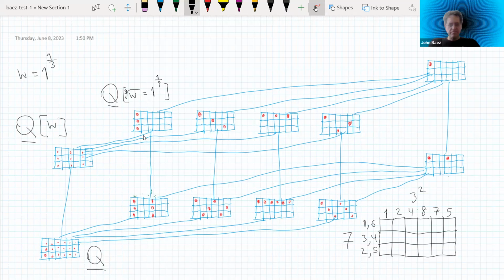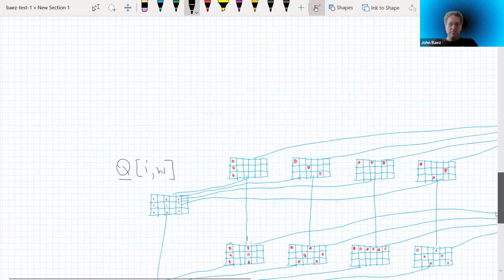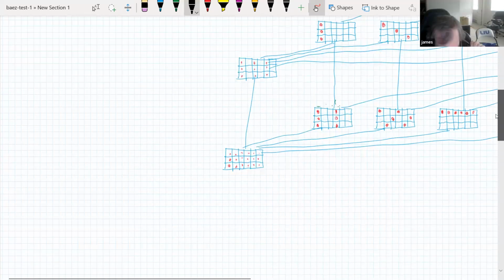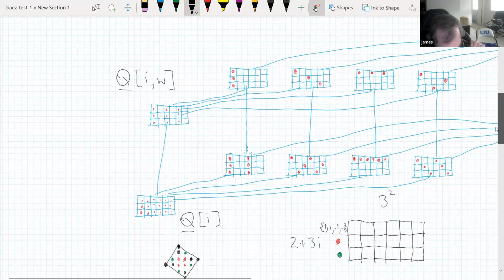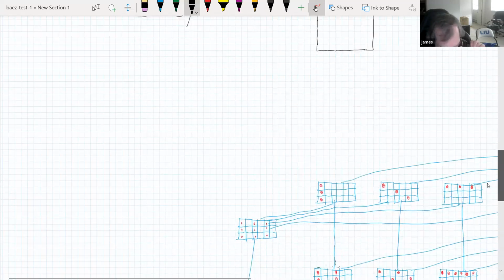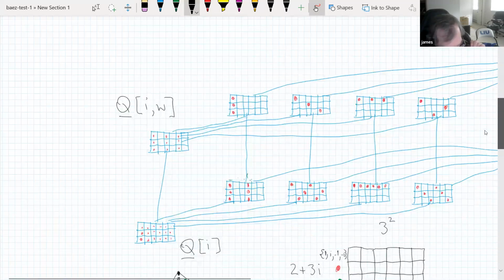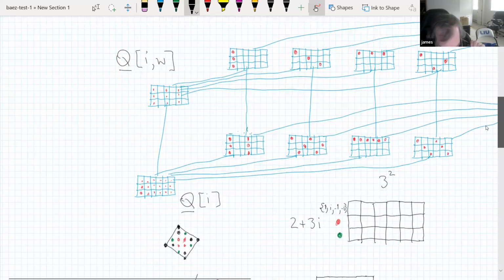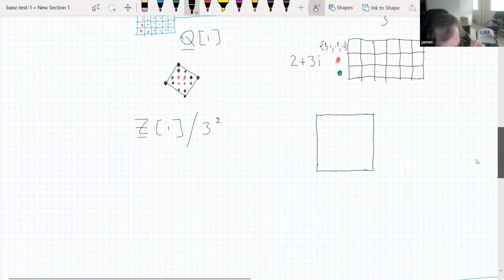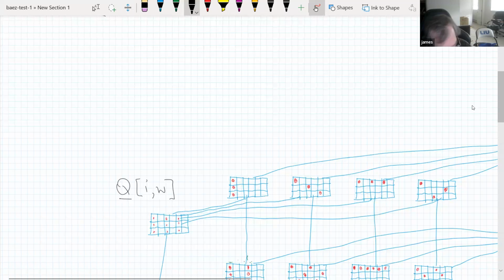So we're going to have the analogous thing over the Gaussian integers, everything relative to the Gaussian integers. So let's try and do that. Okay, it's right here now. So this one here is going to be what?